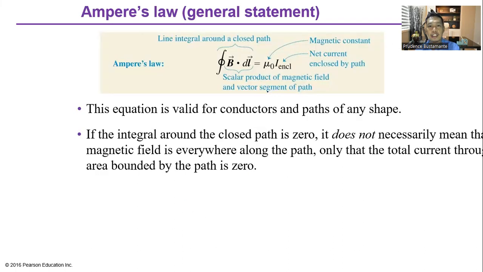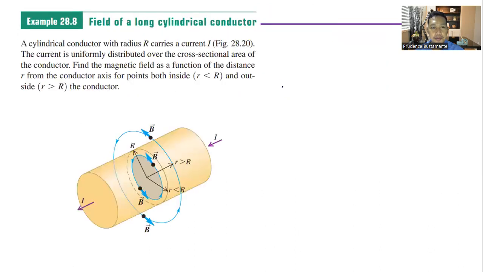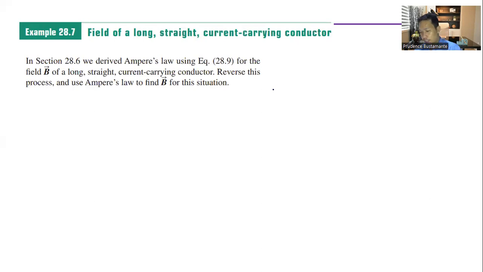If the integral around the closed path is 0, it does not necessarily mean that the magnetic field is 0 everywhere along the path, only that the total current through the area bounded by the path is 0. So let's have an example. We derived Ampere's law for the field of a straight wire current, so now reverse the process and use Ampere's law in this situation.